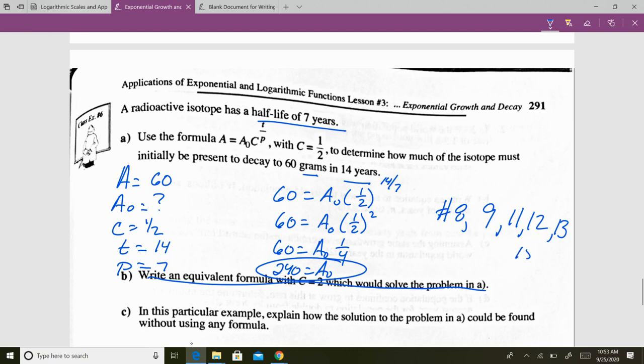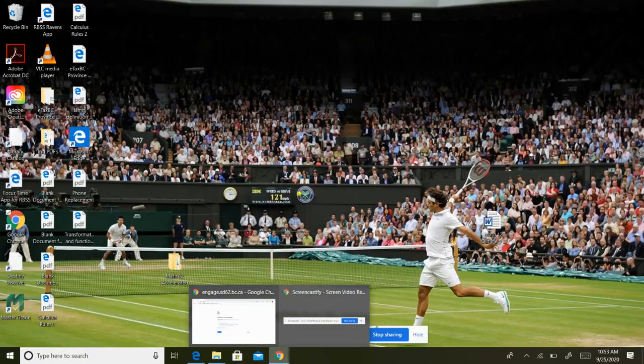Actually, I'll do 15 too, because it's the kind where it doesn't have the initial amount given to you. All right. That's it.